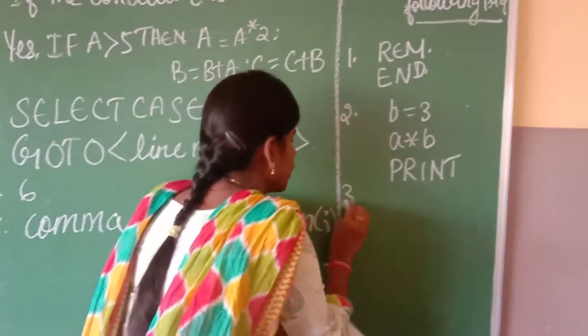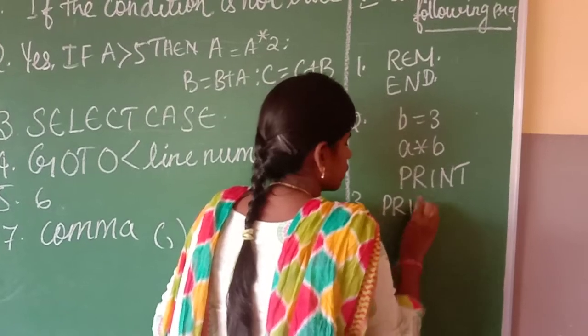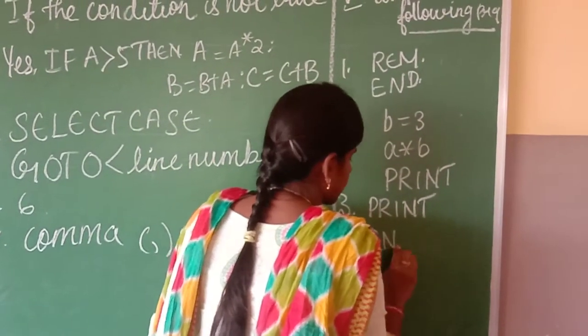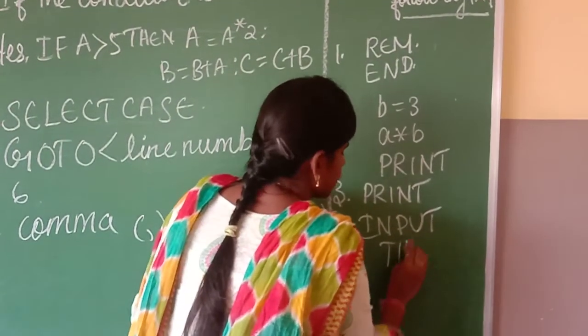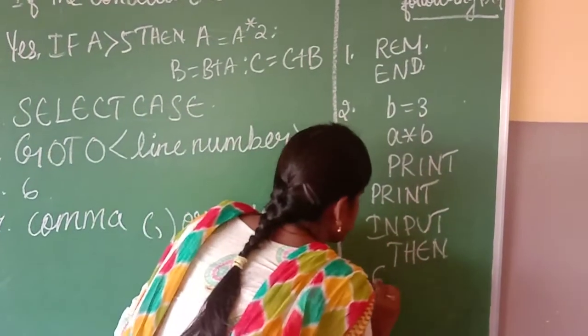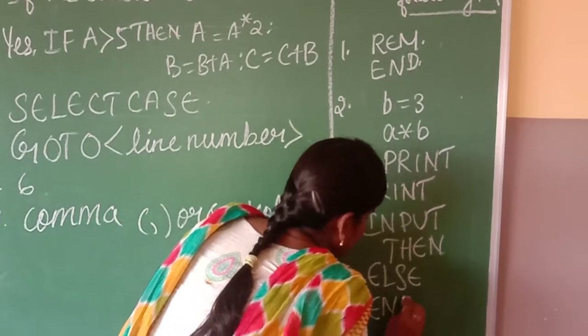Okay. You need to write B equal to 3, A into B and print. Next, the third one, you need to write, first is a print. Second is the input. Third line you need to write then. Fourth line you need to write else. Fifth line you need to write end if.